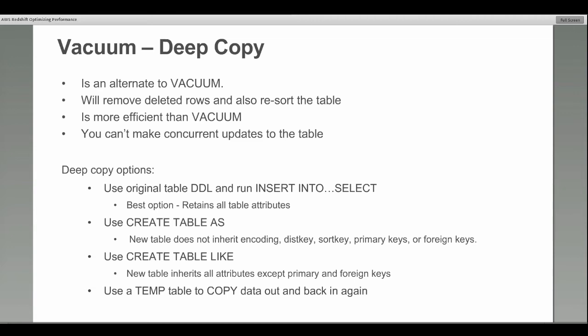I've seen users create a copy of that table by using create table as in a different schema and not get the same performance as the table that has the primary and foreign keys, but that's because these don't get inherited. So the best option here is to do a deep copy using my original DDL, and then doing an insert into select.